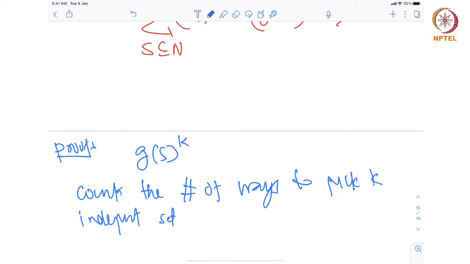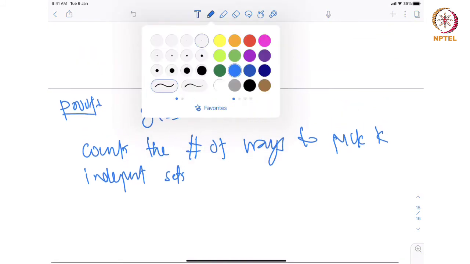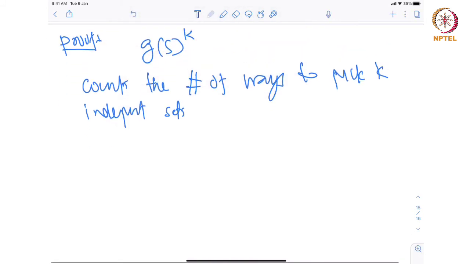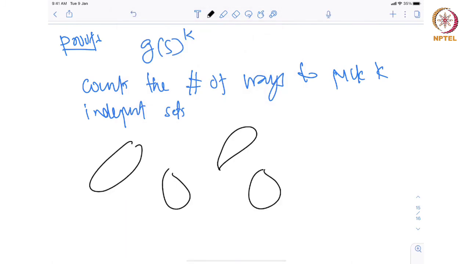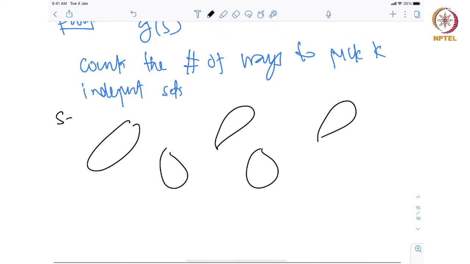Okay, but let's say I selected some K independent sets, and suppose S equals n, which is equal to the vertex set of G. When will some K independent sets be great for us?